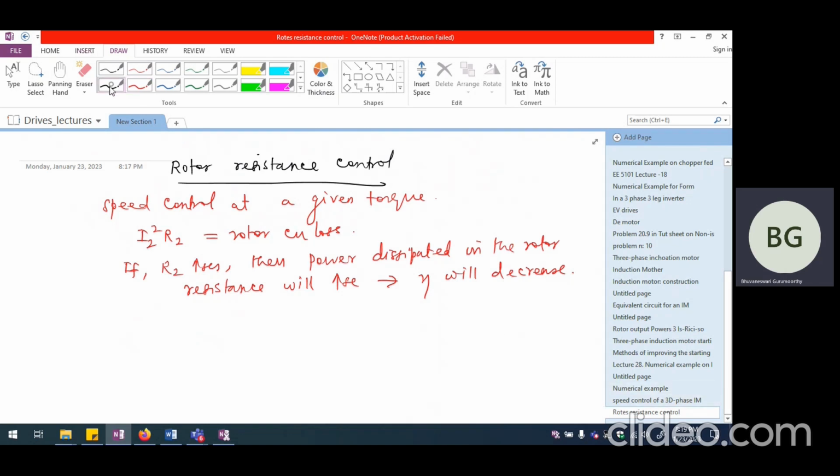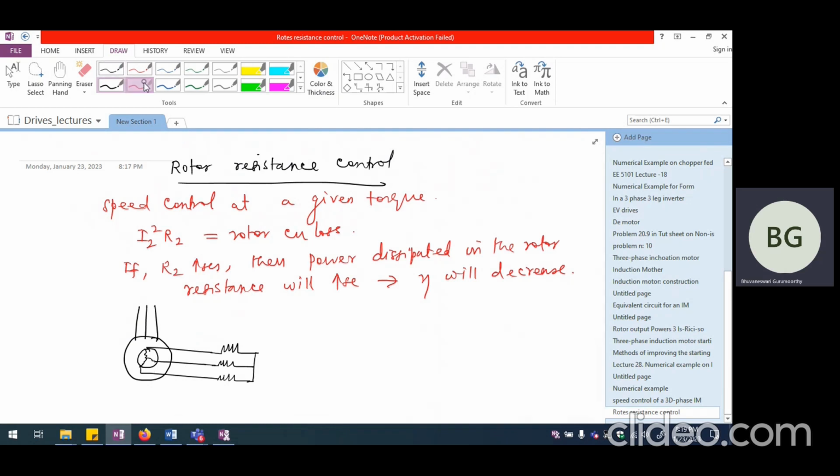So what we are going to see is, if this is the three-phase supply being fed to the stator circuit, and this is our rotor circuit, with the rotor winding seen in a wound rotor induction motor. From the rotor circuit, we have a variable resistance connected like this, before the rotor slip rings, where the rotor terminals are short circuited.